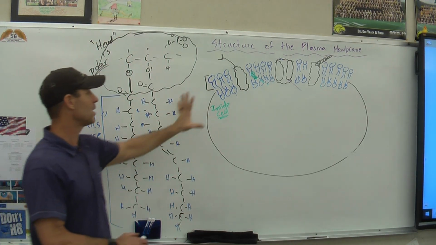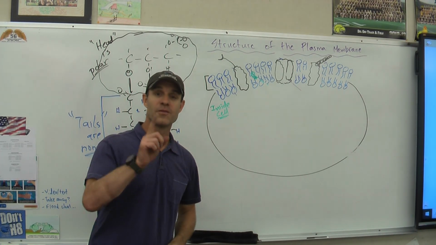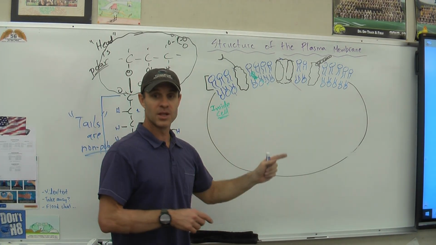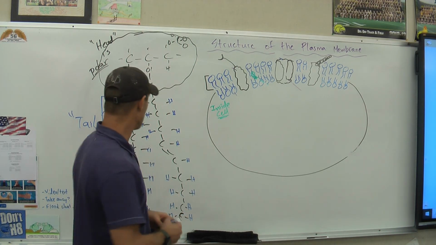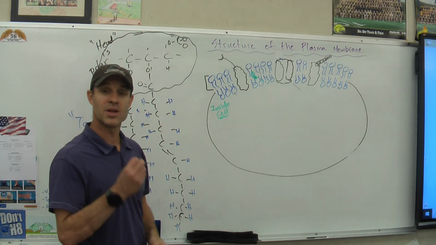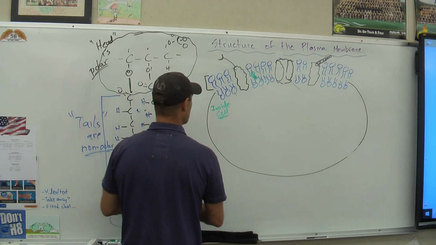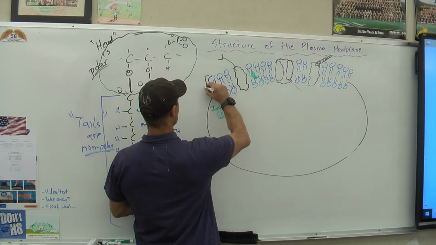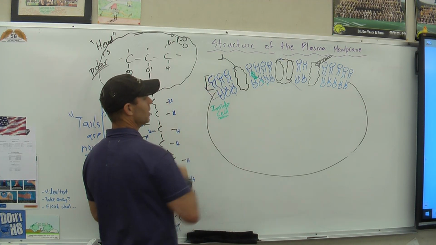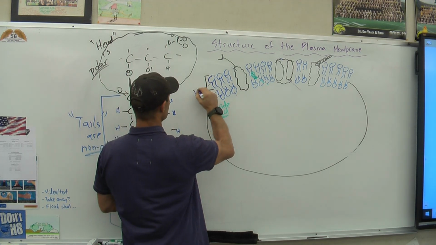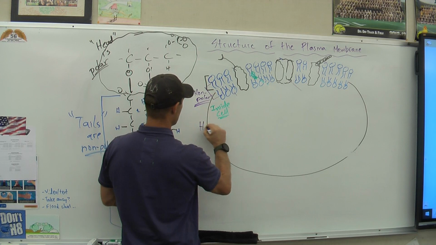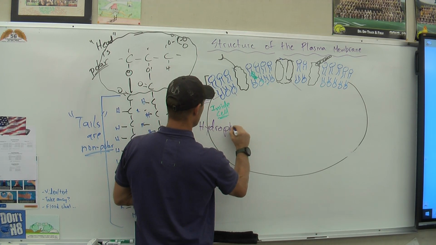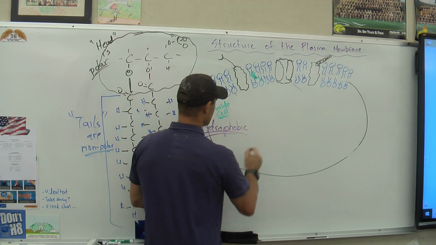I just got done talking about the structure of a phospholipid, now let's talk about its function, okay? First, it's a barrier to polar ions and other molecules. Well, how is it a barrier? If we know that these tails are nonpolar, then this whole tail region is going to be nonpolar. The other word for that is hydrophobic, okay?